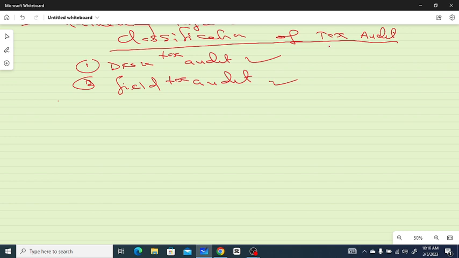Then the field audit is the examination of taxpayers' books and records in the premises of the taxpayer to authenticate the tax returns and other records of that taxpayer. This is the difference between the desk audit and the field audit.